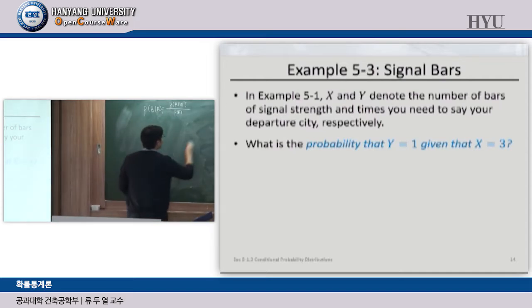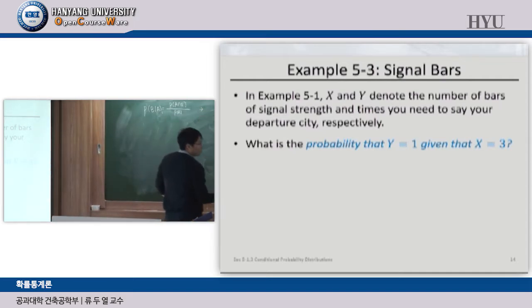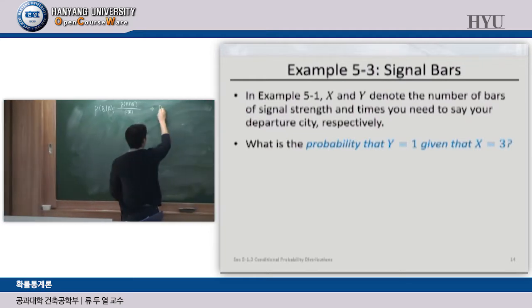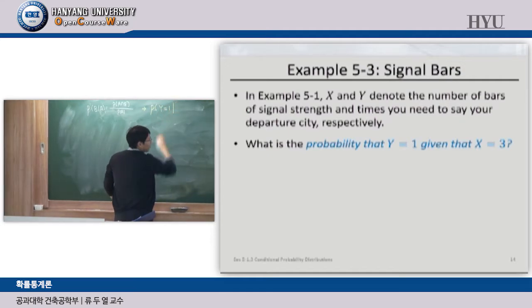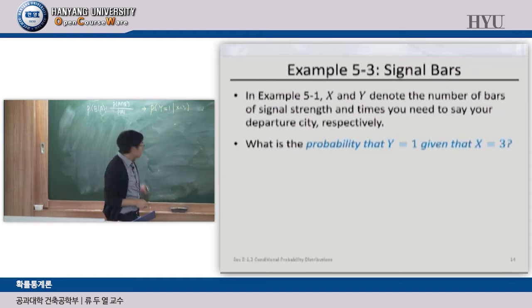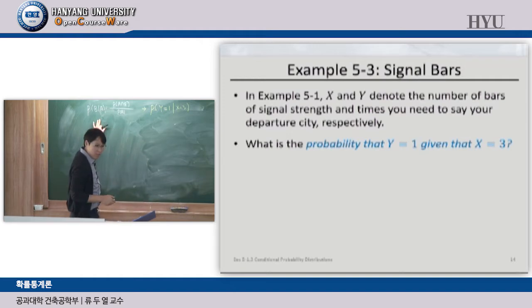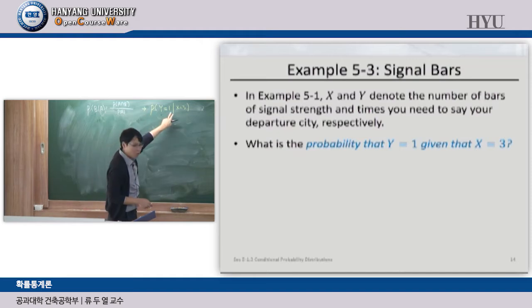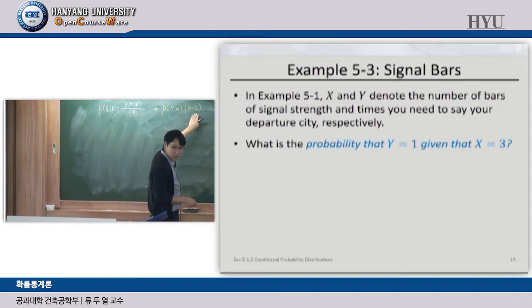So, based on this equation, we can solve this problem. That is the conditional probability of y equal to 1 given x equal to 3. This is the identical formulation, but B is transferred to y equals 1, and A is transferred to x, which is equal to 3.